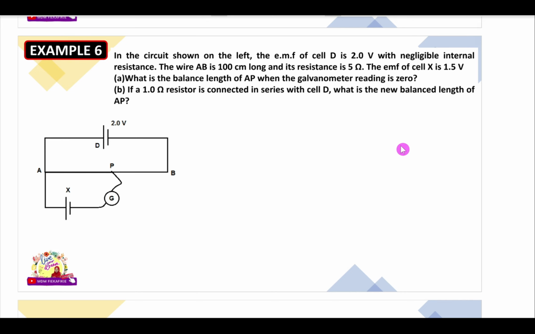Okay, so when the galvanometer reading is 0 means that no current flow in the circuit. Okay, maknanya bila IG is equal to 0. Untuk soalan A, when the current through the galvanometer is equal to 0, maknanya pada keadaan ini kita kata potentiometer itu balance. Sebab itu dia suruh kita kira balance length lah.